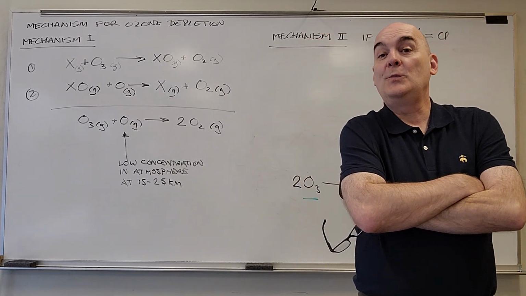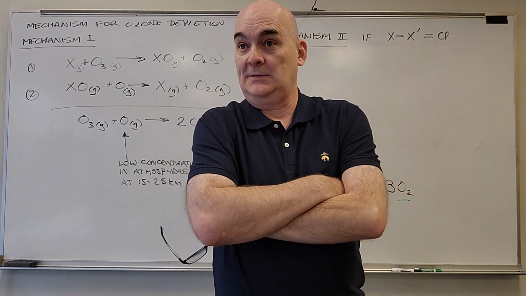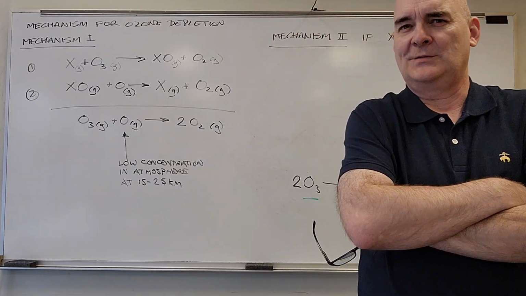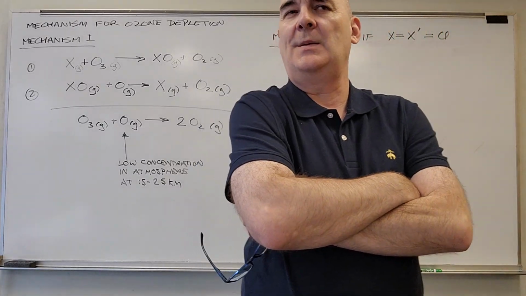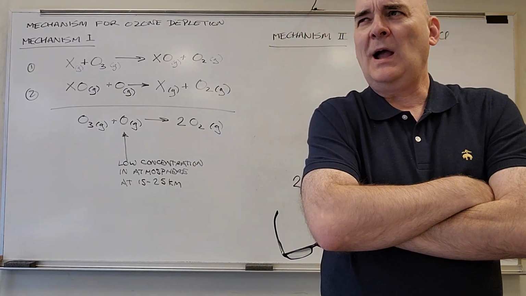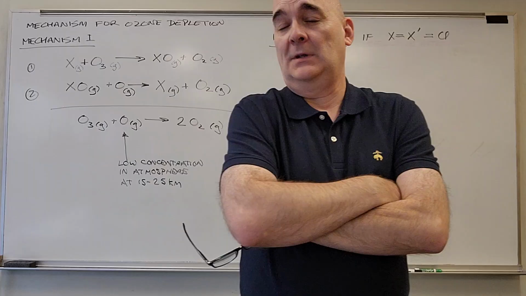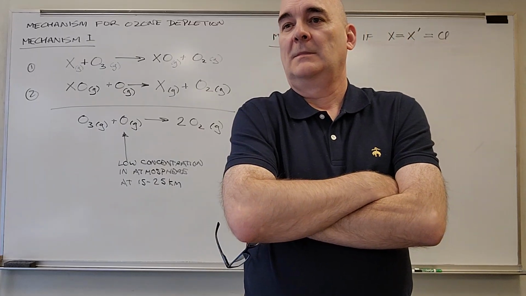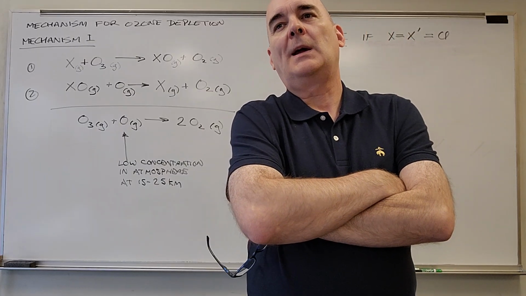But bromine does this better than chlorine does. It's many times more effective at this reaction. Our book says something like 50 times better. But there's also very little bromine up there.